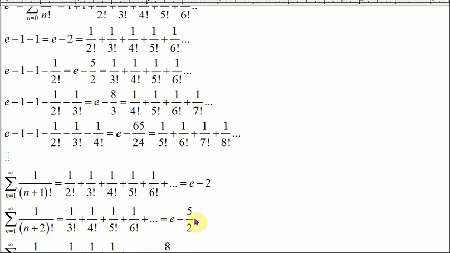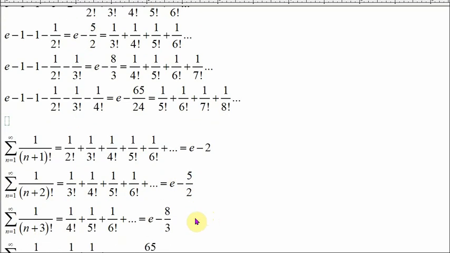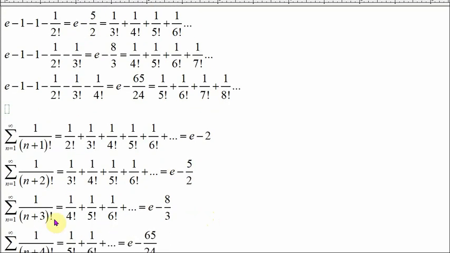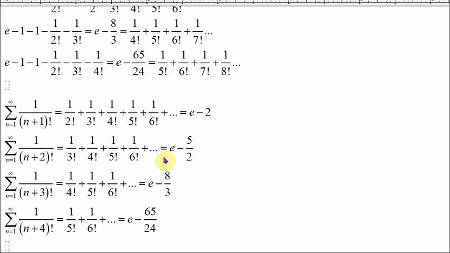So it's e minus 5/2. The series with 1 over n plus 3 factorial is the sum that starts with 1 over 4 factorial, which is e minus 8/3. And the last one is the series with 1 over n plus 4 factorial. It would be the sum that starts with 1 over 5 factorial, which is e minus 65 over 24.